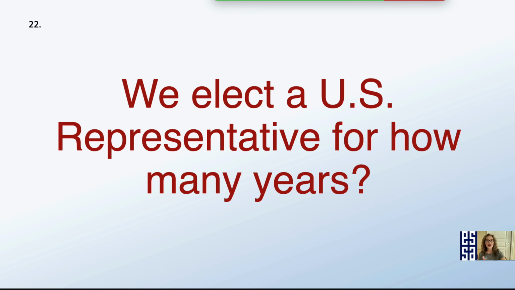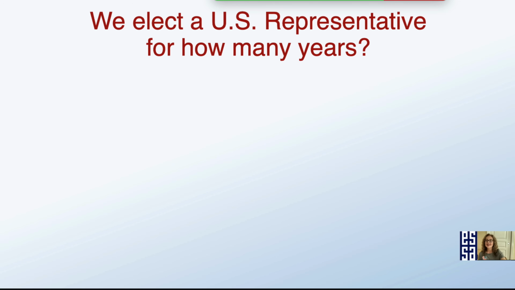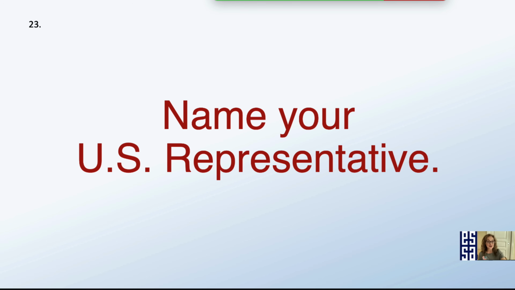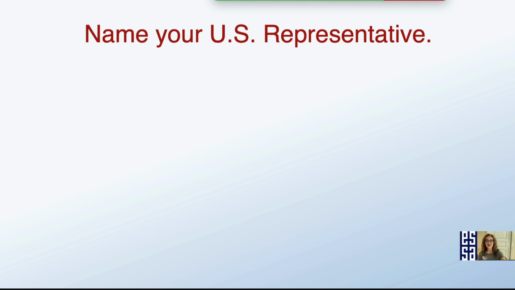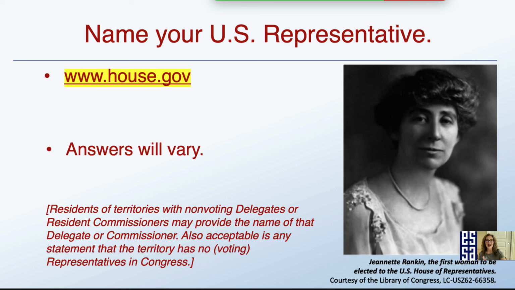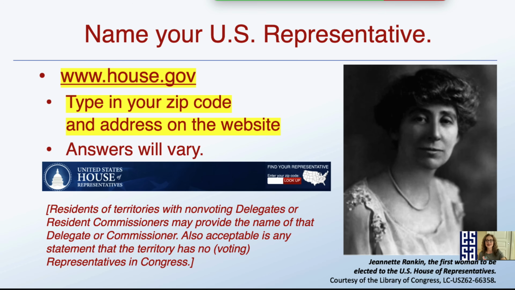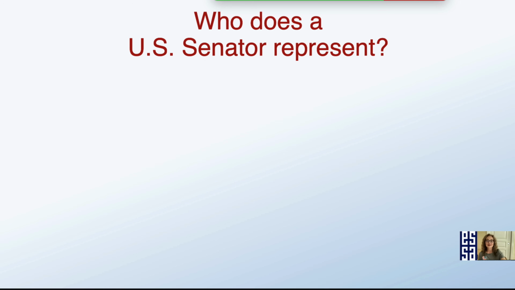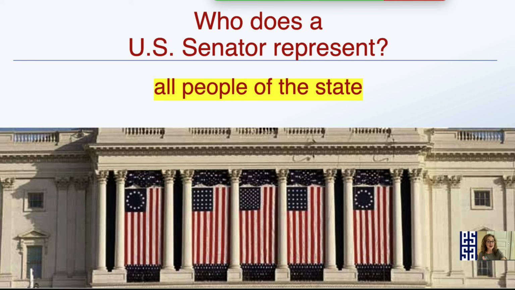We elect a U.S. representative for how many years? 2 years. Name your U.S. representative. Again, another tricky one because it will depend where you live. Who does a U.S. senator represent? All people of the state.